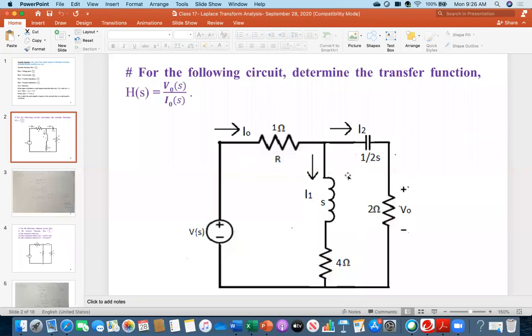This is already in the Laplace domain. You see, this is S, 1 over 2S. So you don't need to go back to the time domain. Is that virtually the same thing, but just taking out the calculus? Yes, exactly.